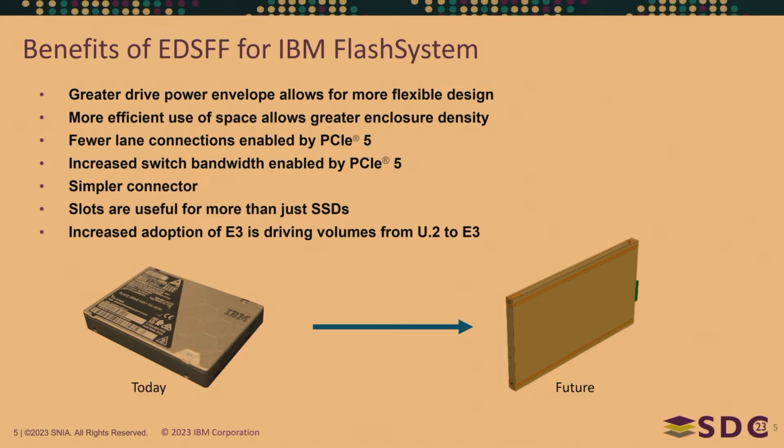And again, the slots are more useful for more things other than SSDs, so you don't have to work on all these funny slots for all kinds of peripherals. And if you were at Flash Memory Summit last month and looked at all the high-end cutting-edge drives out there, they were all E3. There's really no new stuff on U.2 anymore. So if you want the highest speed and performance, you can see the market really is jumping into the EDSFF form factors, including E3. So you really need a roadmap to be on that in order to remain competitive.